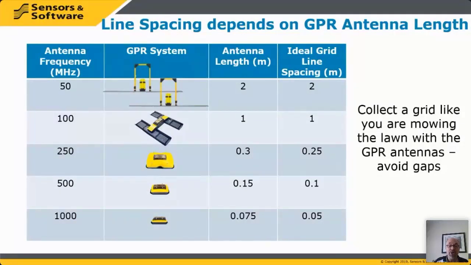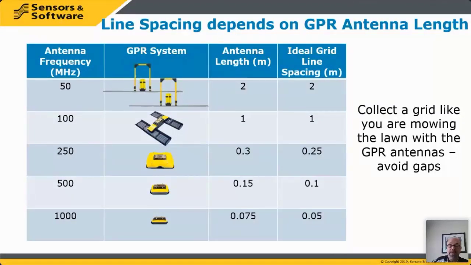And so you should collect a grid like you're mowing your lawn with the GPR antenna. So it relates to the length of the GPR antenna. For example, if we look at these different frequencies, we have a 100 megahertz system that has a 1 meter long antenna. Well, that means our ideal line spacing is 1 meter for 100 megahertz.